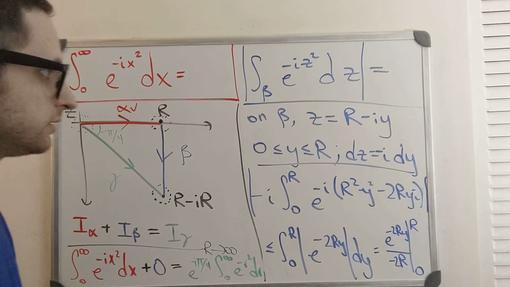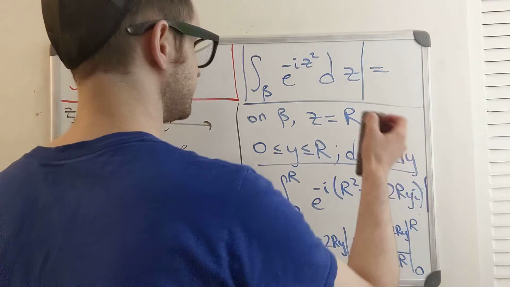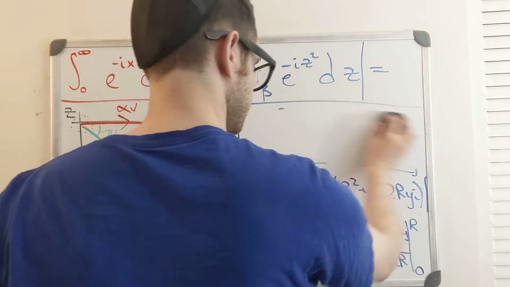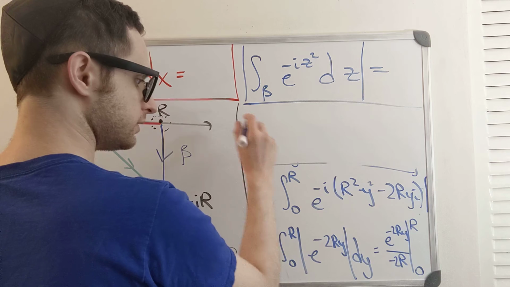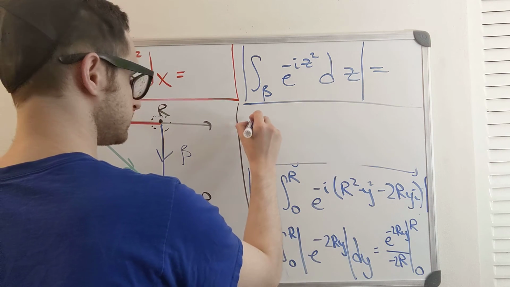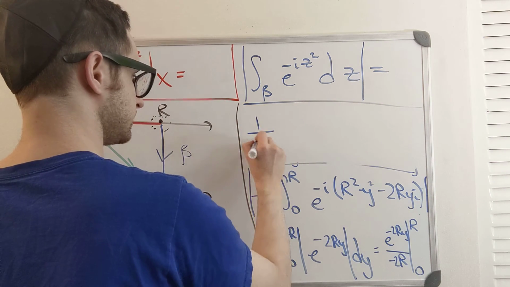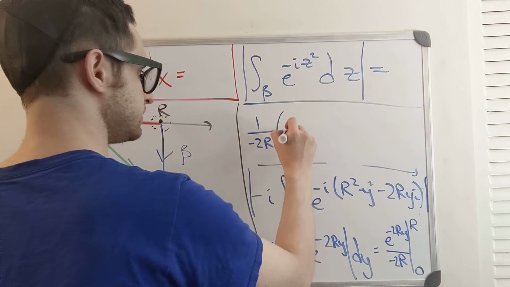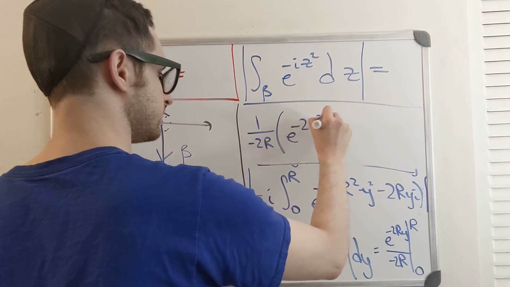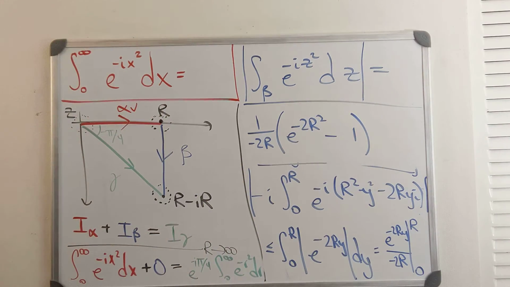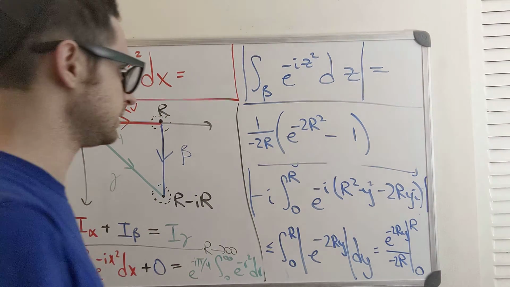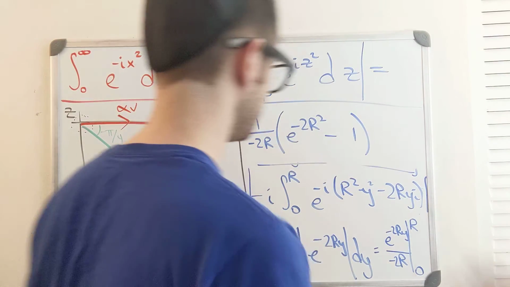So you can see then, maybe I'll write it out more explicitly. When I plug in r, I get e to the minus 2r squared minus 1. So it's easy to see everything here goes to 0 as r goes to infinity.